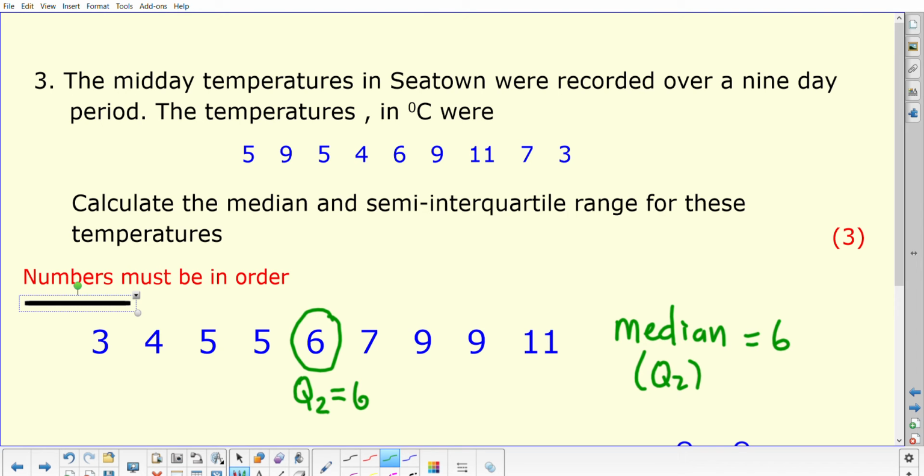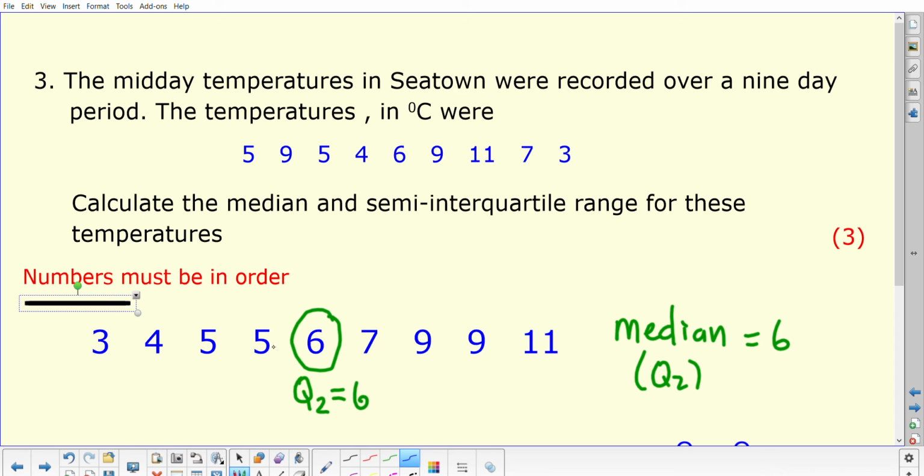Now to do the semi-interquartile range, you need to be working with the other quartile numbers that we're looking for, and that is Q1 and Q3. When you take the median out, it splits into 2 different data sets either side. So you're now looking at the middle term here.